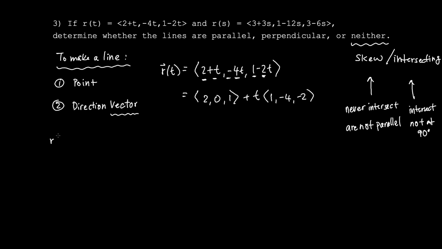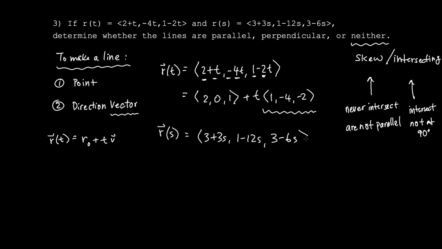Remember, the line equation is r naught plus t times the direction vector v, which means that this must be the point and this must be the direction vector. We are concerned about the direction vector, so I'm going to underline this and analyze the next equation. The next line, r of s, is 3 plus 3s, 1 minus 12s, and 3 minus 6s.